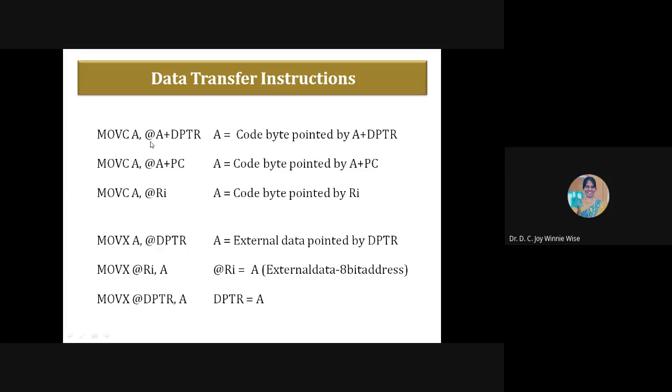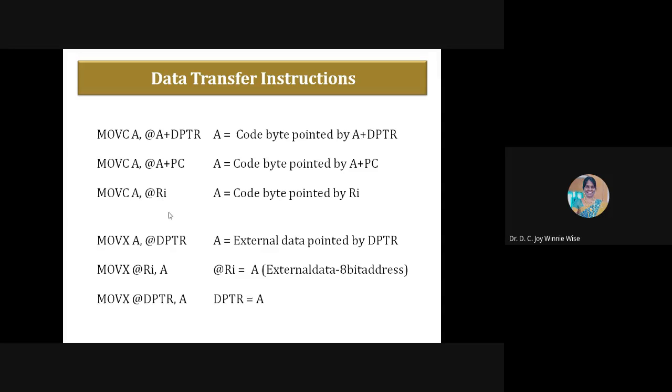Next, here the destination is accumulator. For transferring the data from a memory location to the accumulator, we are using this instruction. The content of A and DPTR will be added, and the data from that memory location will be transferred to accumulator. The content of accumulator and PC will be added and the data in that memory location will be transferred to accumulator.